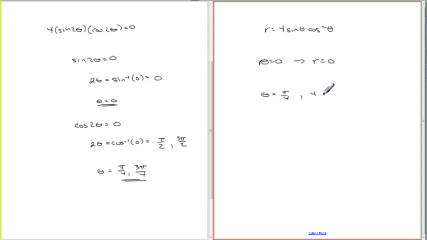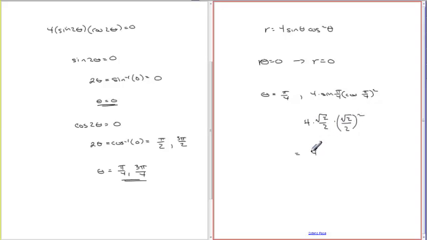Theta equals pi over 4. You get 4 times the sine of pi over 4 times the cosine of pi over 4, the whole thing squared. So that becomes 4 times the square root of 2 over 2 times the square root of 2 over 2, quantity squared. When this thing's squared, those cancel out, and when you take the square root of 2 squared, you get 2.